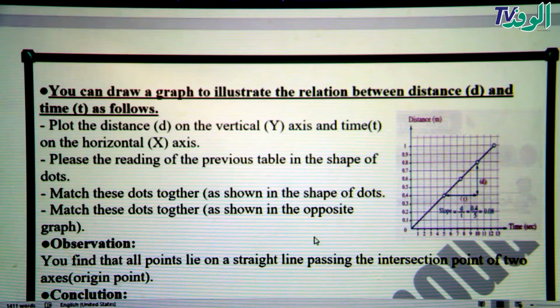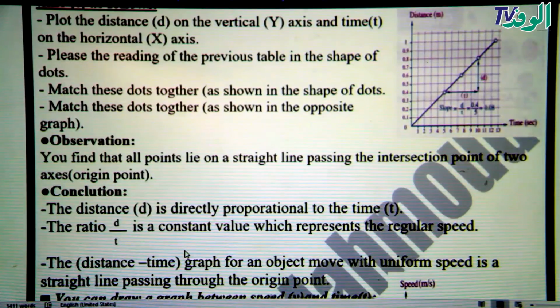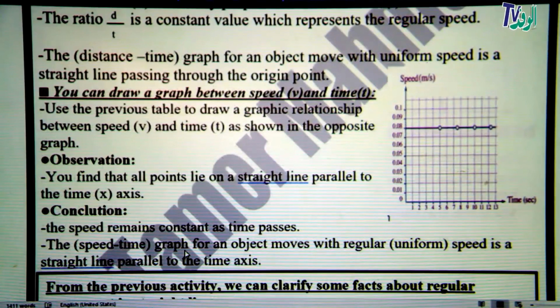Okay, let's take another graph representing the object moving with regular speed, but now on the speed time graph. This is another graph representing the relation between speed and time. Speed on the y-axis and time on the x-axis. What do you observe?